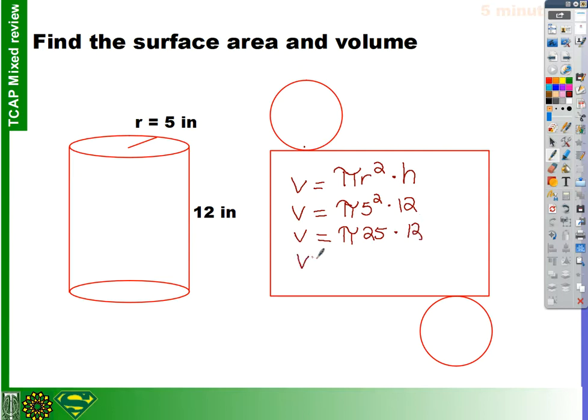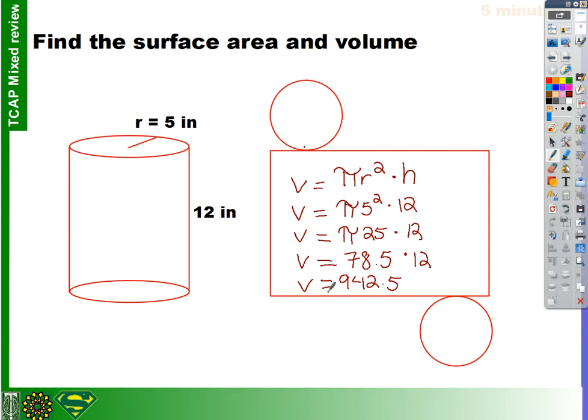And then pi times 25 is 78.5, or any similar number, times 12. And when you multiply 78.5 by 12, you get a total volume of 942.5. Yeah, cool.